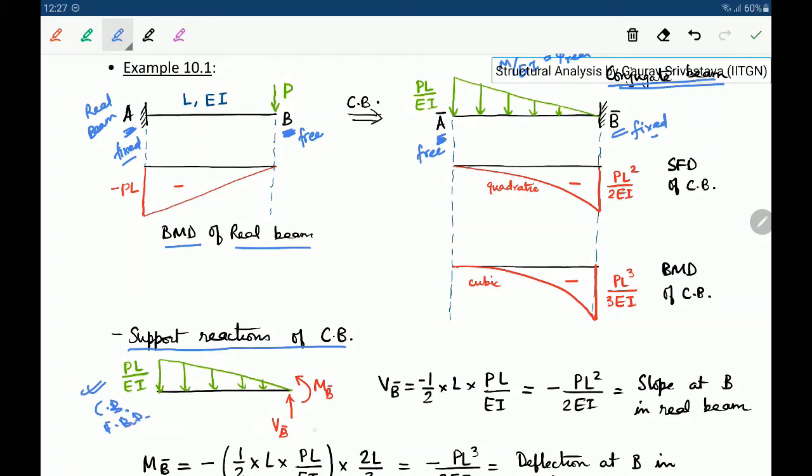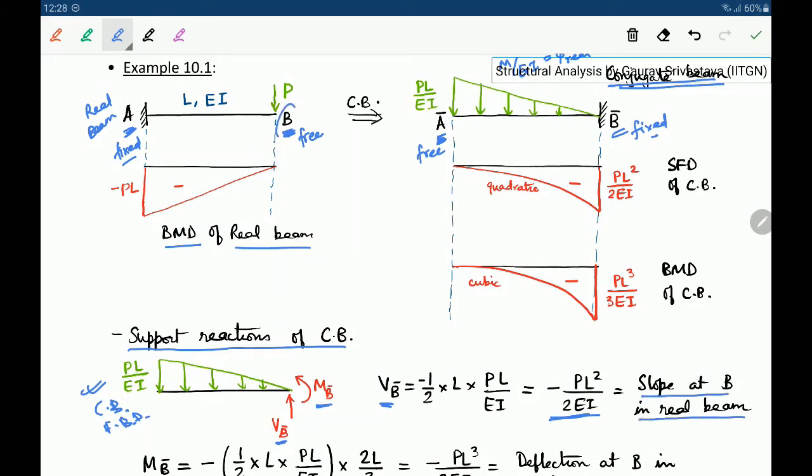Okay, and we can calculate the MB bar, the moment at B, and VB bar, the shear force at B. So by simple force balance, VB bar becomes minus PL square by 2 EI. Now since this is the shear force at B bar, in the real beam it will give the slope at B.